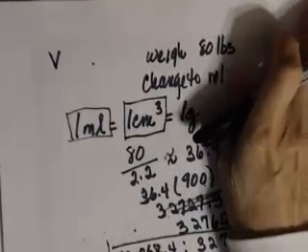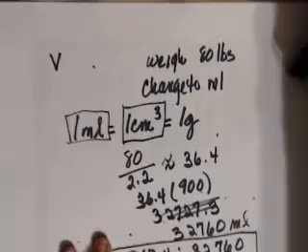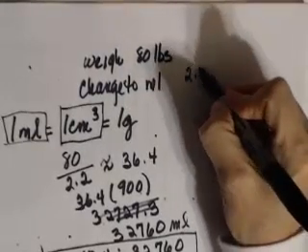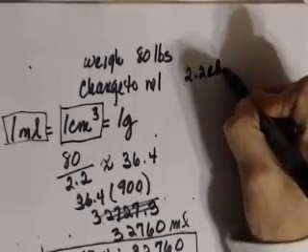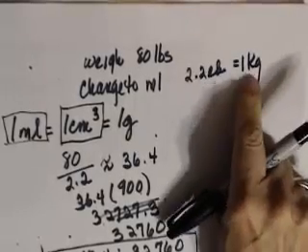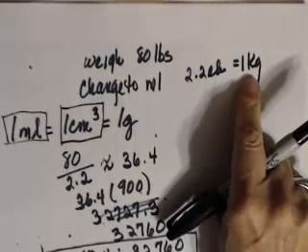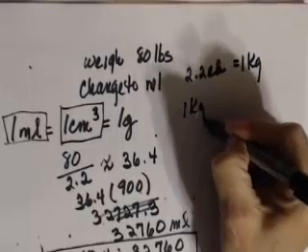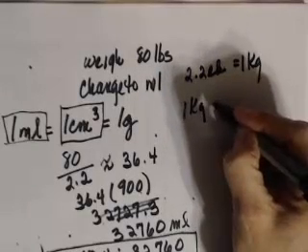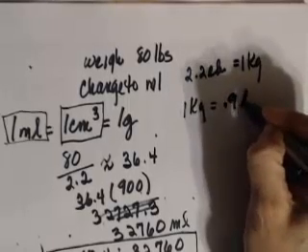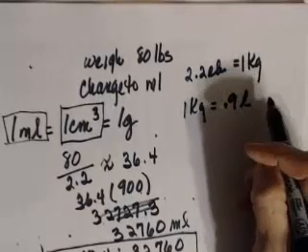The reason we are doing 2 2/10 is there are 2 2/10 pounds in 1 kilogram. That is the equivalence. 1 kilogram of body mass is about 9/10 liters in volume.